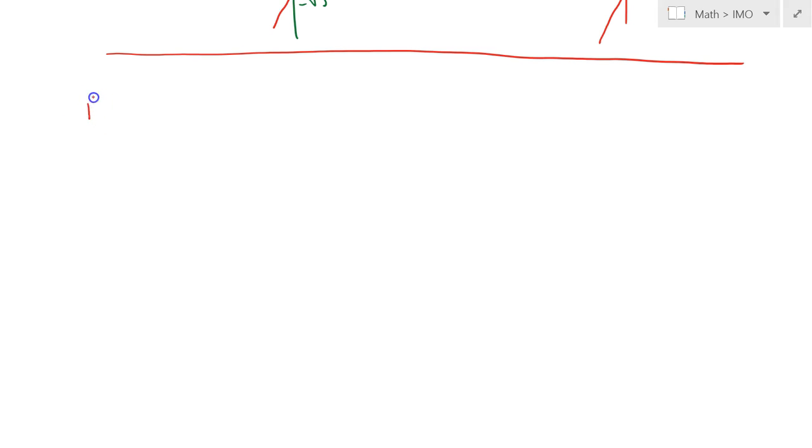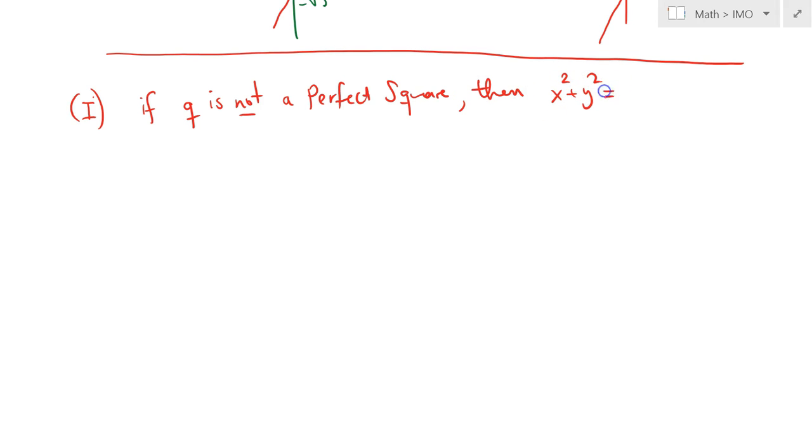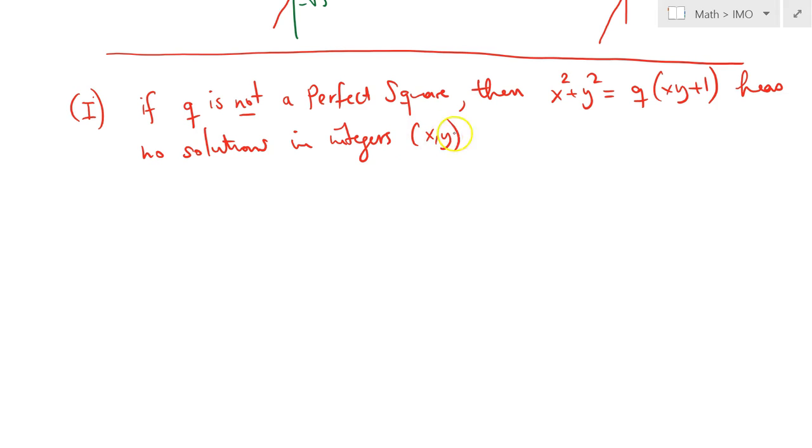In the first part, let's call it part 1, we say that if q is not a perfect square, then the equation x squared plus y squared equals q times xy plus 1 has no solutions in integers x, y, or pairs of integers.